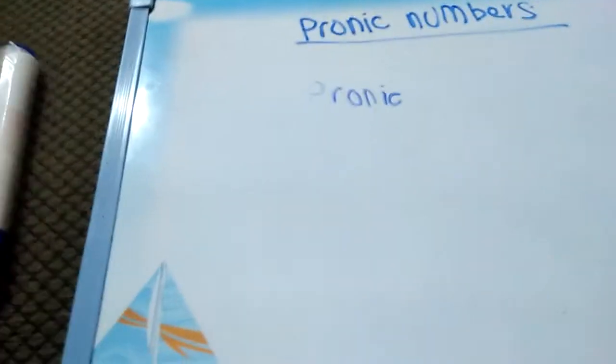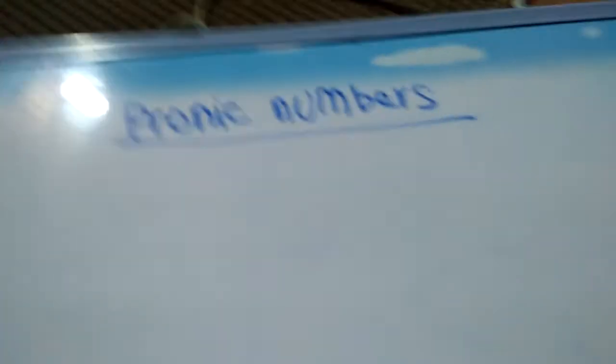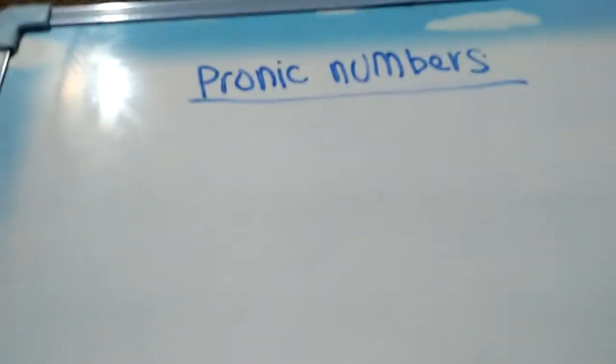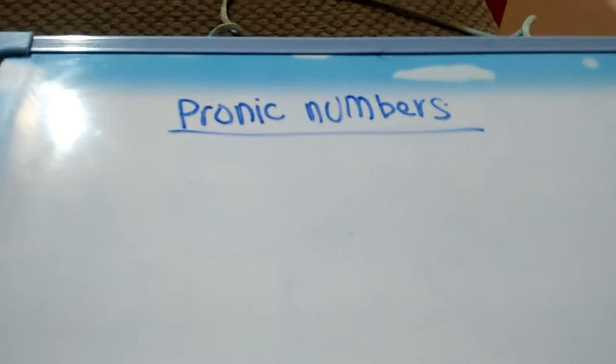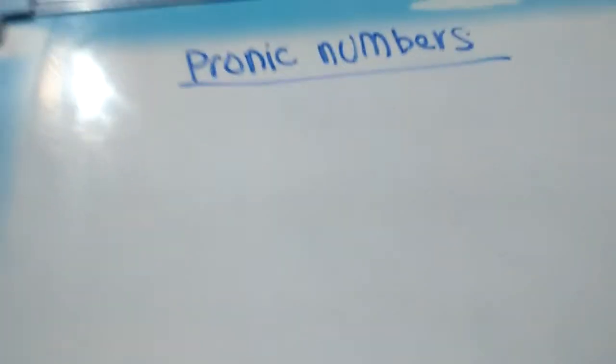So let us recap. Pronic numbers are also known as primitive pseudo-perfect numbers. It is also called oblong numbers. Now that we have done this recap, let's find other Pronic numbers. 46 times 47 is 2162.